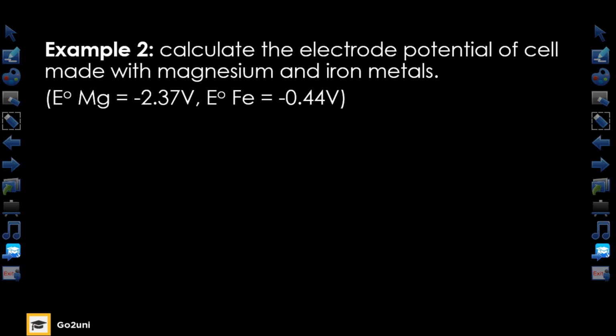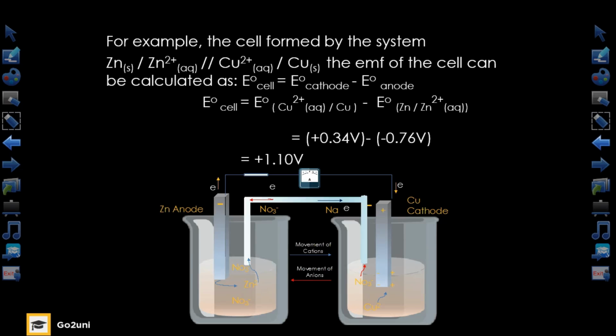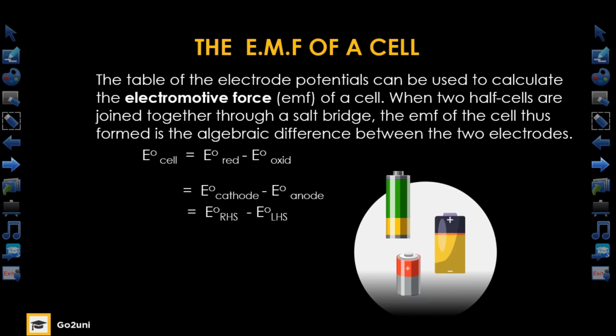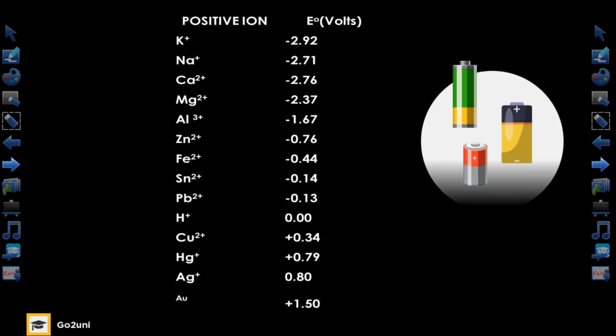It is worthy to note that when we talk about electropotential, when a value tends to go closer to the positive value, then that value is likely to be the reduction potential.